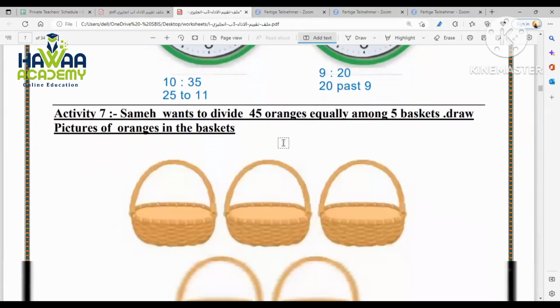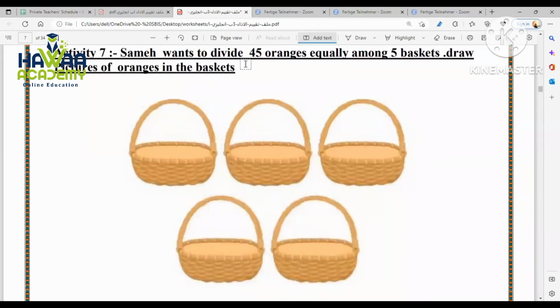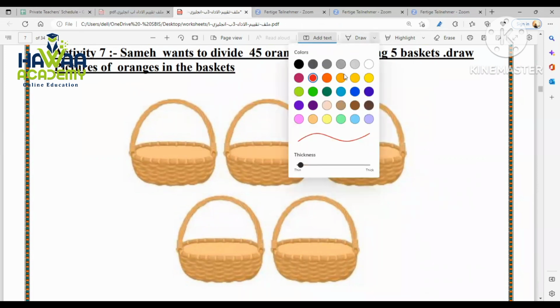Good job. If Sameh wants to divide 45 oranges equally among 5 baskets, we want to draw the pictures of oranges in the baskets here. It's a pretty easy question. What we just need to do is separate the 45 into 5.